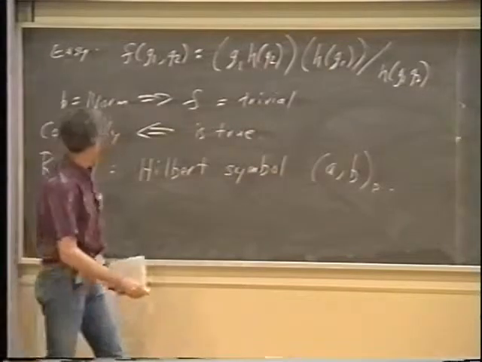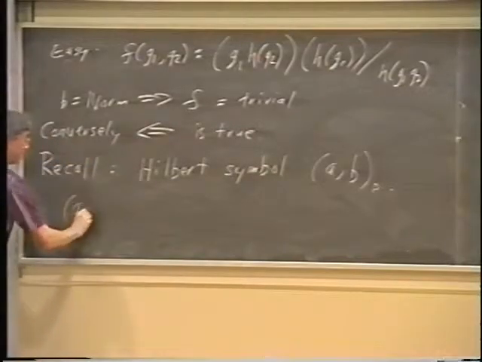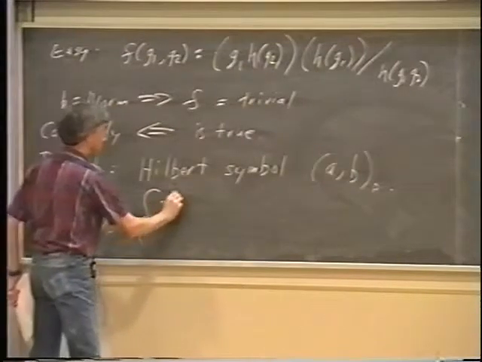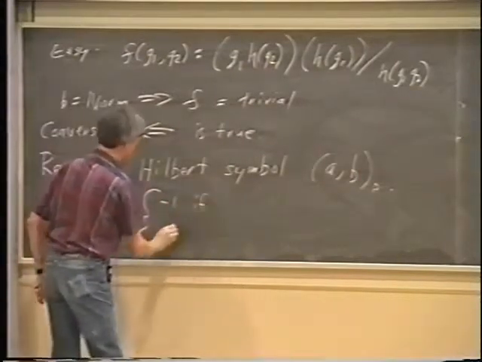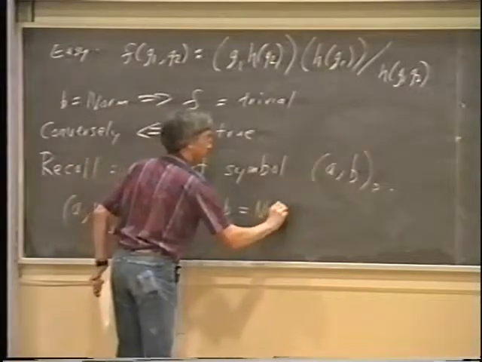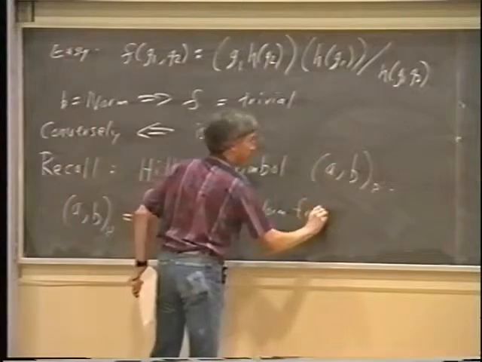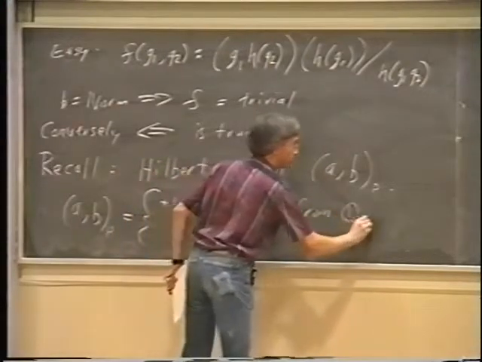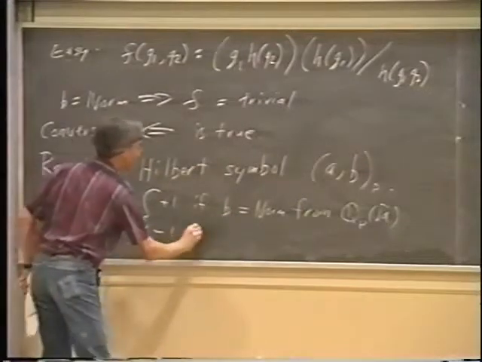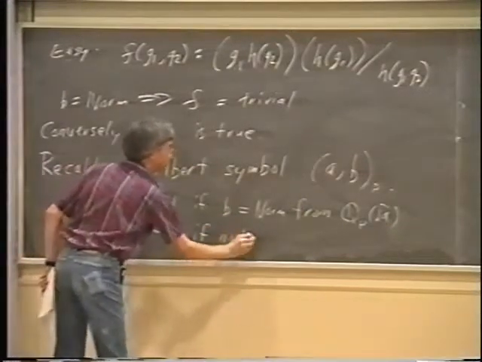So this symbol (A,B) sub p is plus 1 if B is a norm from Q_p of square root of A, and minus 1 if not.